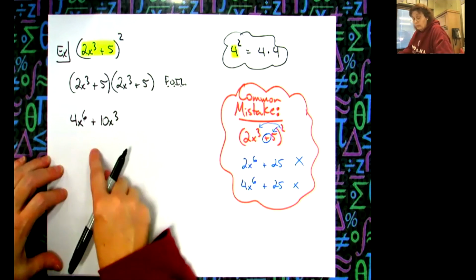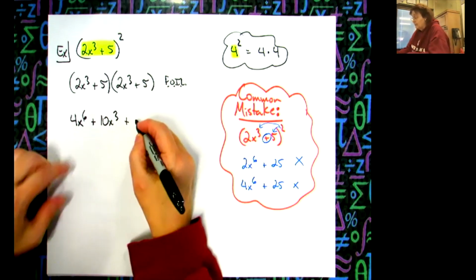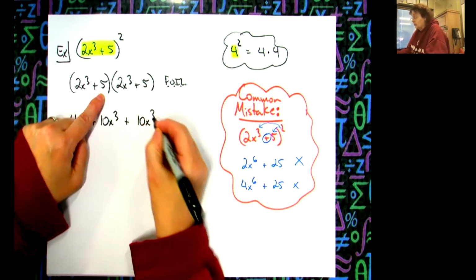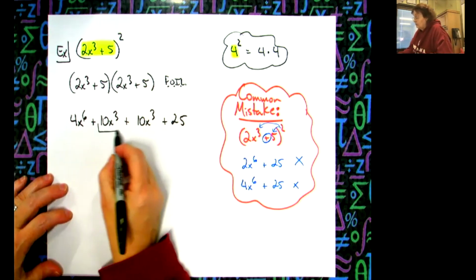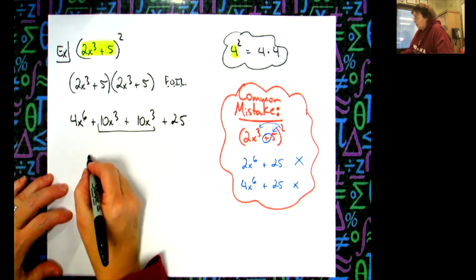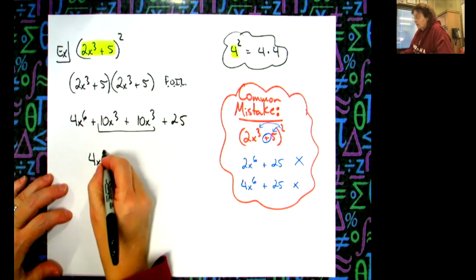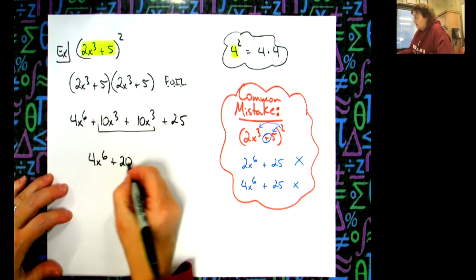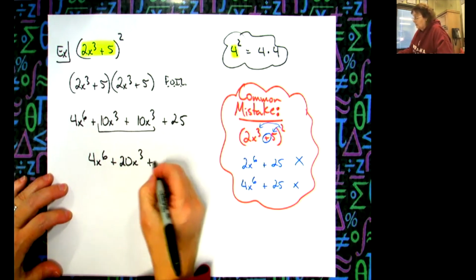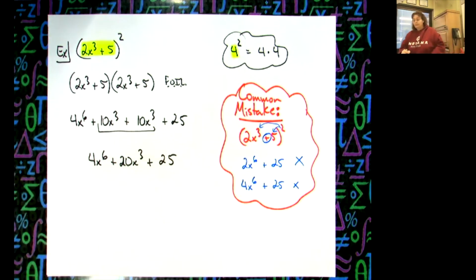If I want to do vertical method, I could do that. So either way, plus 10x to the 3rd. Last terms, plus 25. This gives me that middle term there that I've got to combine, see, 4x to the 6th plus a 10, oops, I can't add, 20x to the 3rd plus a 25.